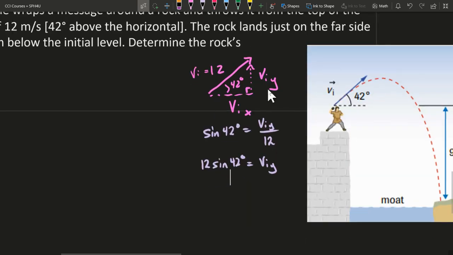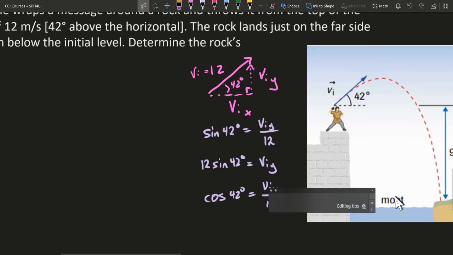And by the same reasoning, I know that my x velocity is cosine of 42 equals Vix over 12, because the adjacent side is initial velocity x, okay?